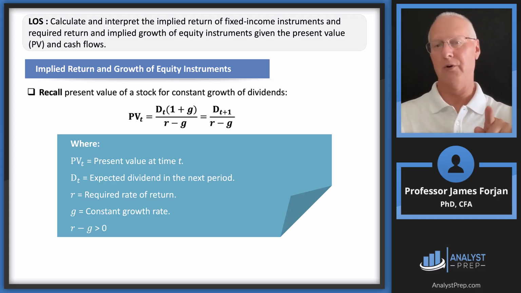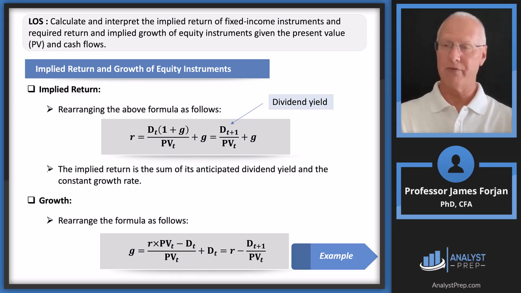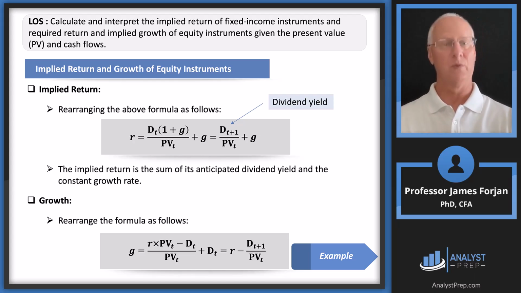Well, now all we're going to do is rearrange this equation so that we solve for R. All right, so here's the implied return. So R is equal to, skip over to the far right equal sign there, to the right of that equal sign. So what do we've got? We've got the dividend 1 year from today, right? T plus 1, T is 0, divided by the present value, which is the price of the stock, plus a growth rate.